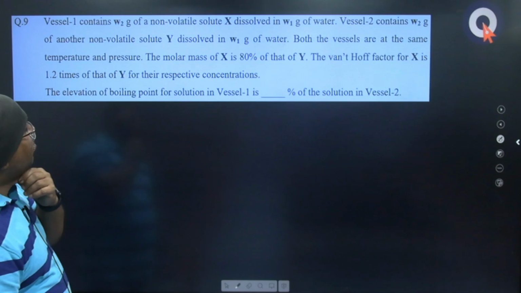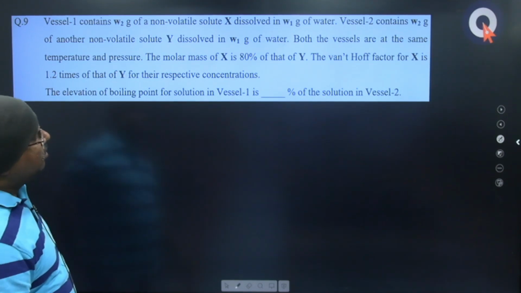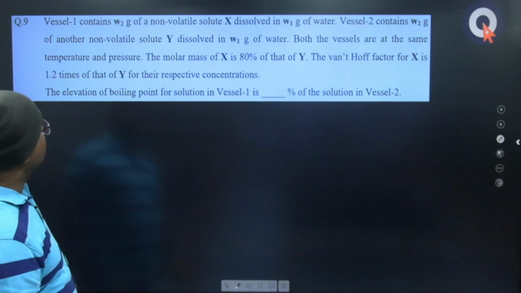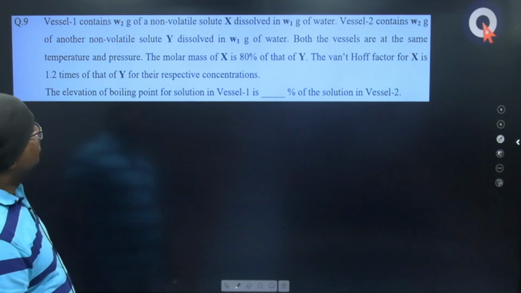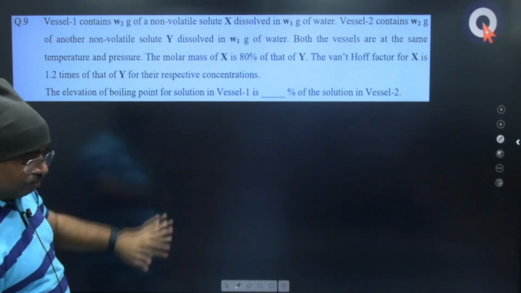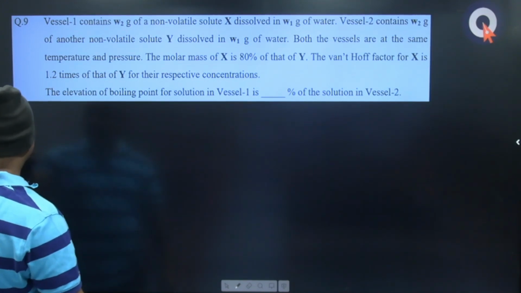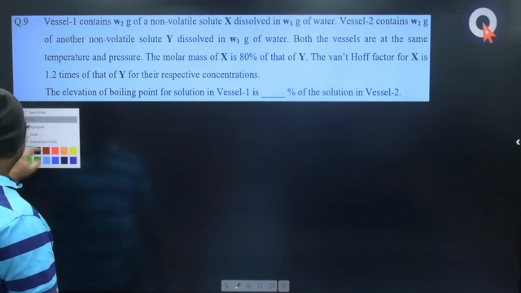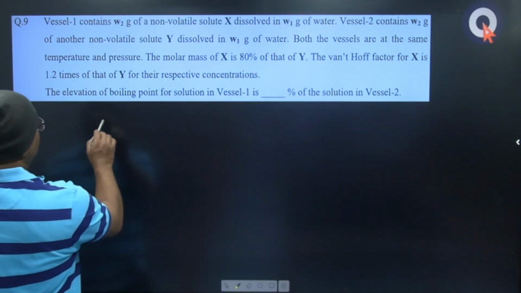Then the molecular mass of X is 80% of Y. Then the Van't Hoff factor of X is 1.2 times that of Y. Then he is asking the elevation in the boiling point of vessel 1 to vessel 2. Simple applications only, direct applications only.